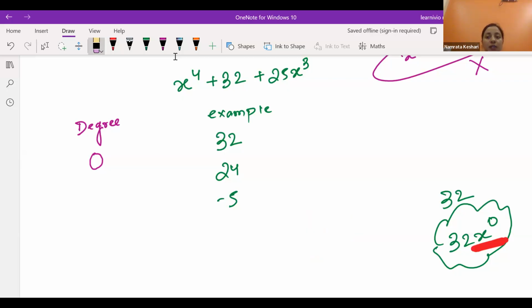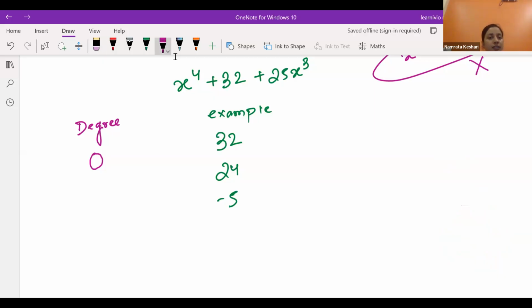So we are just multiplying 1 over here. We are not making any change to the number. And hence now it is fulfilling both the criteria of polynomial. Clear? Yes, ma'am.